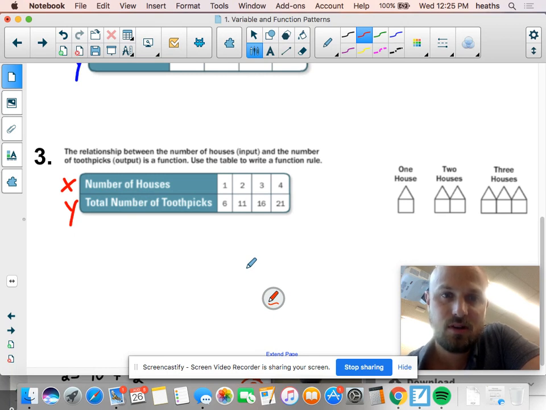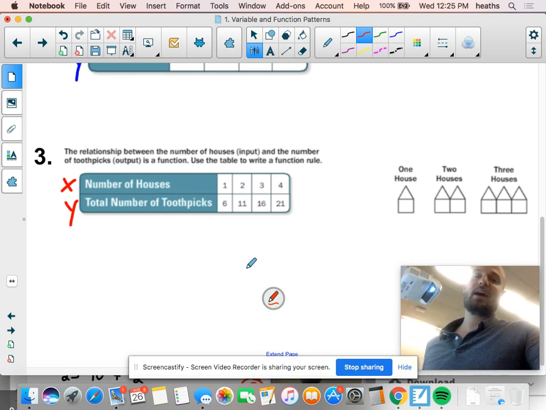If you have two houses, take that 11 and subtract it by the number with 1, which would be 6. So 11 minus 6 would be 5. I can eyeball that, but remember, that's a good way to figure it out if you can't eyeball it. But going from 6 to 11, you're adding 5. Going from 11 to 16 is 5.